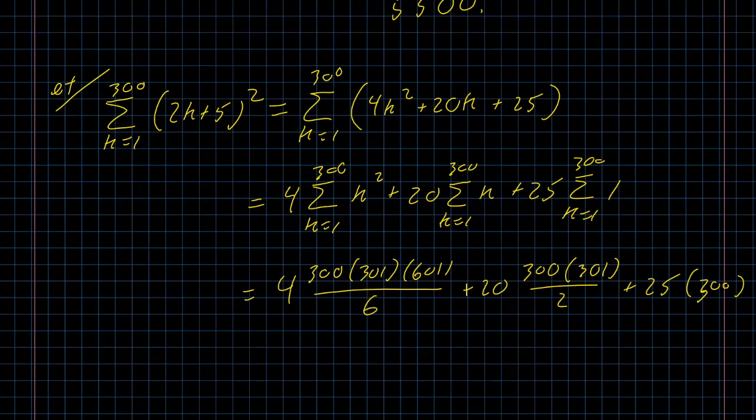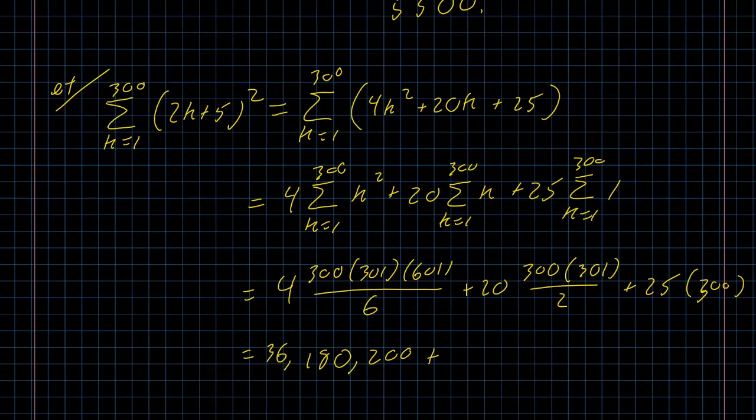My calculator is very happy to tell me that 300 times 301 times 601 divided by 6 is something in the ballpark of 9 million, and then we'll multiply by the 4 in front to get 36,180,200.